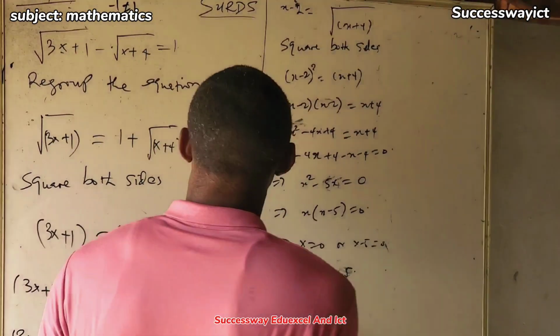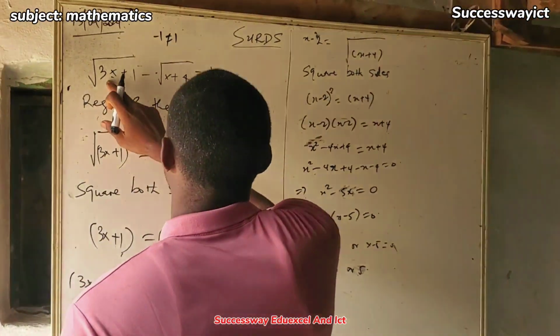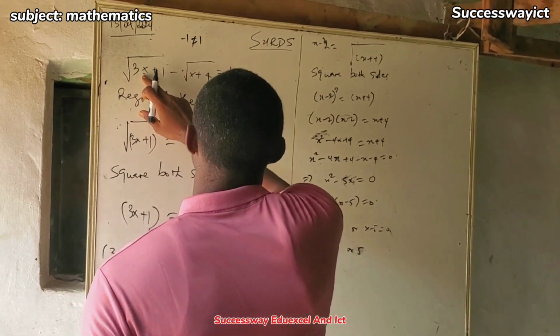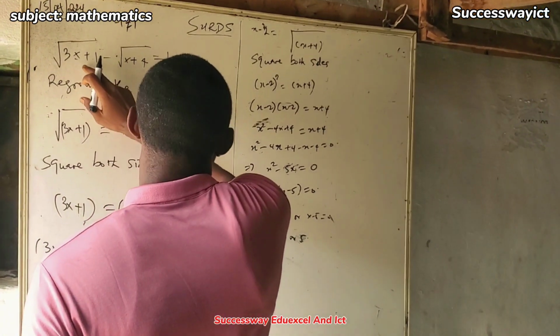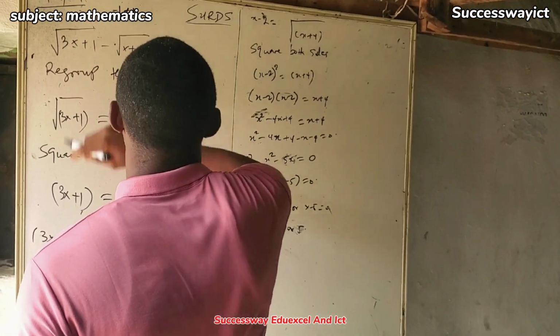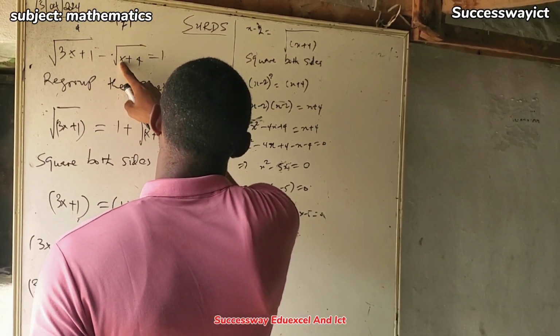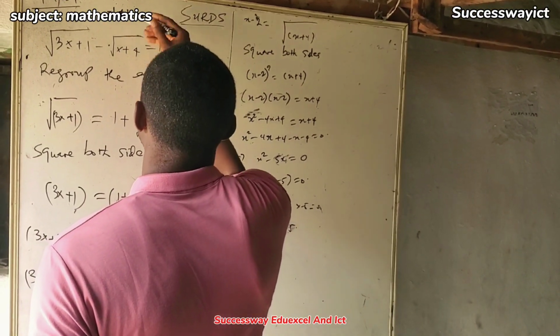Are we together? Now, when you take 5 and insert it here, 3 times 5 is 15. 15 plus 1, 16. Square root of 16 is 4. If you take 5 and add it here, 5 plus 4 is 9. Square root of 9 is 3.